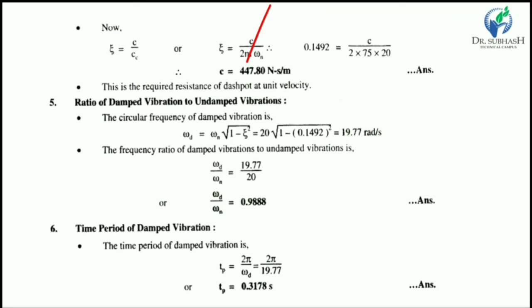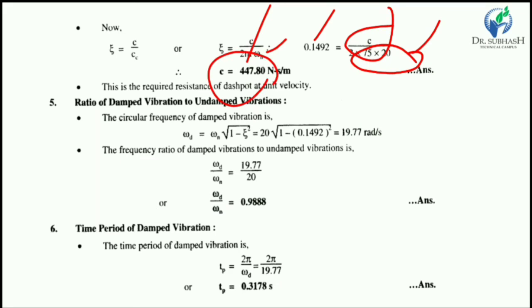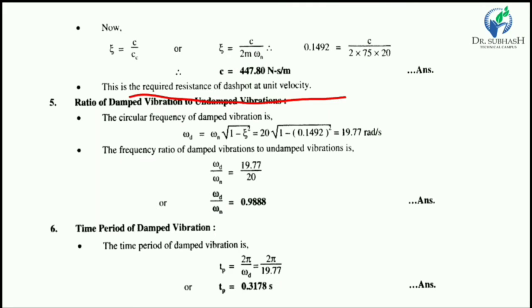M value is given and omega n value is already found. So put the value of omega n and zeta, and we find out the value of C, the resistance force of the dashpot at a unit velocity. It's 447.80 Newton second per meter.